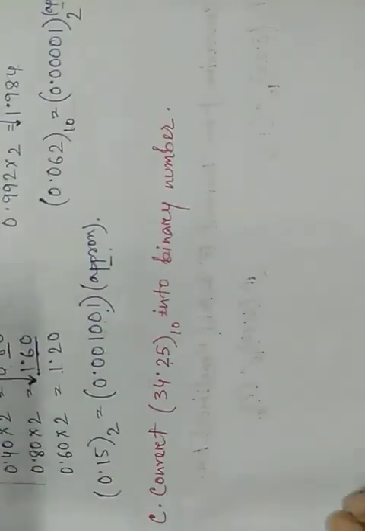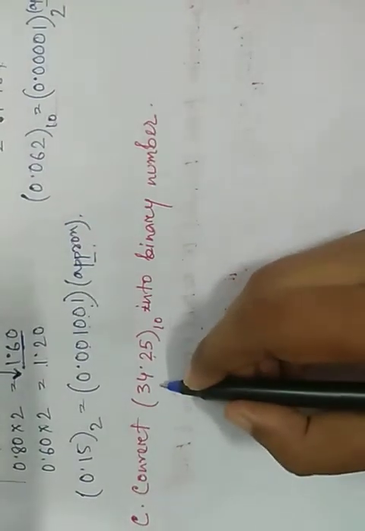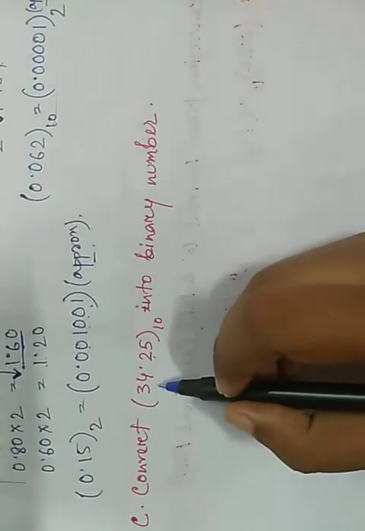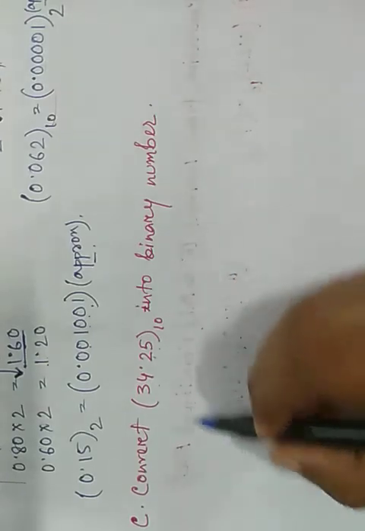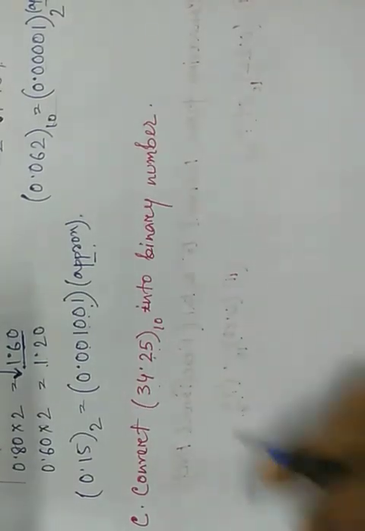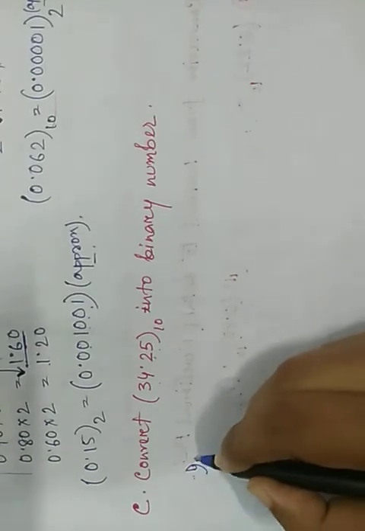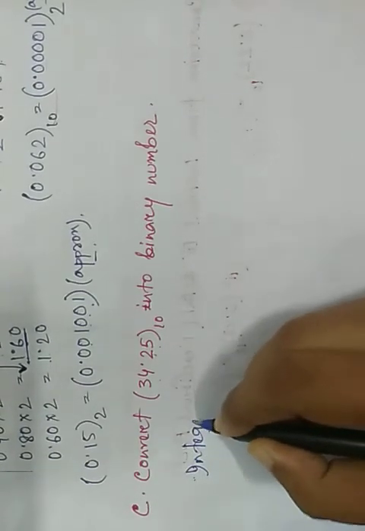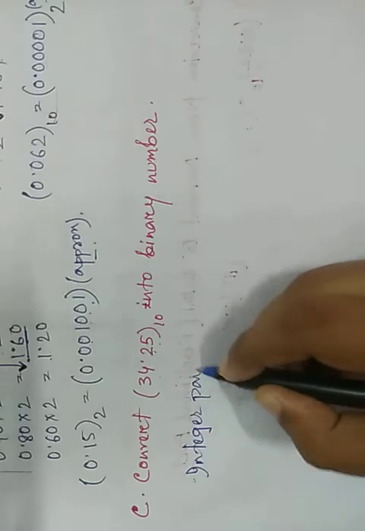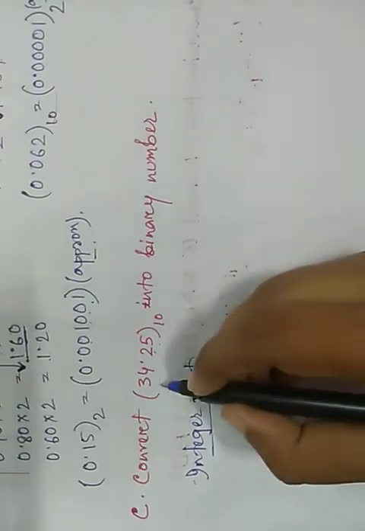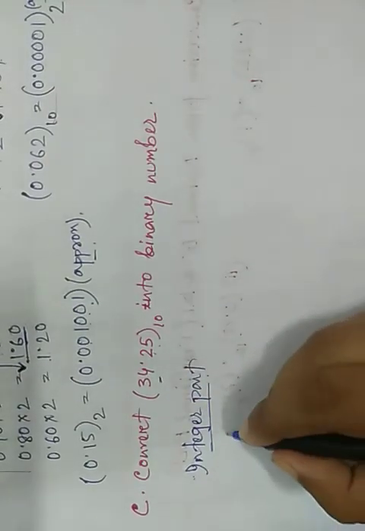Now we have already learned how to convert the integer part and how to convert the fractional part. Here both are given, integer part and fractional part, so we have to do one by one. At first we have to write the integer part. What is it? 34.